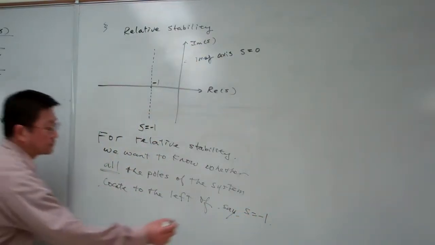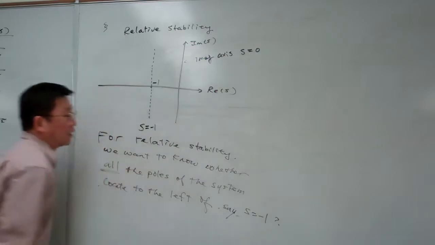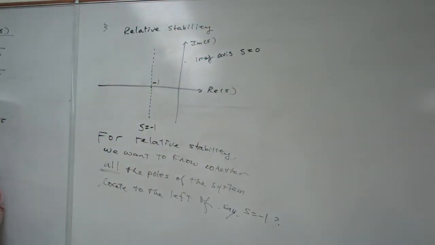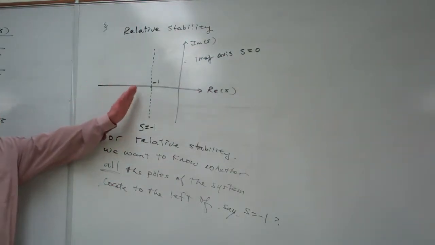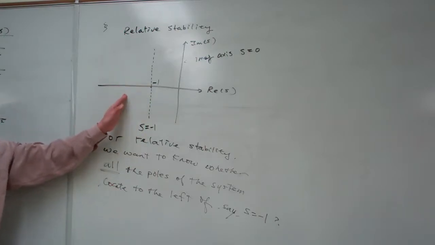Okay? Because if all the poles are located to the left of minus 1, we can say the system is more stable.